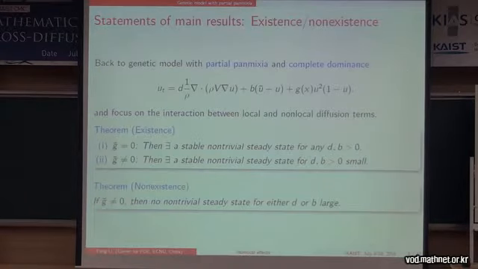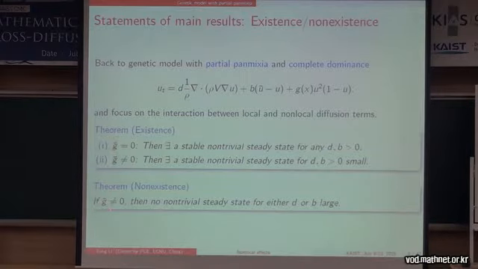Okay. So when G is the environment selection, when G bar is 0, there always exists a stable non-trivial steady state for any D and B. When G bar is not equal to 0, there exists a stable non-trivial steady state provided that D and B are small. This is for the existence part.